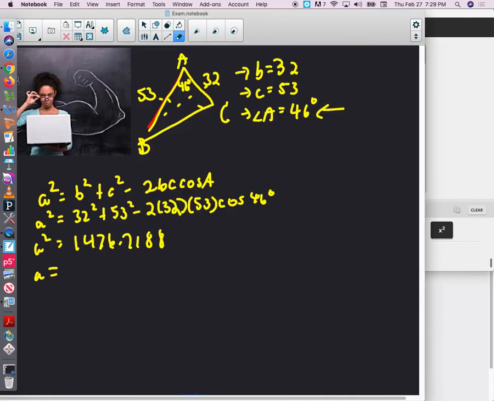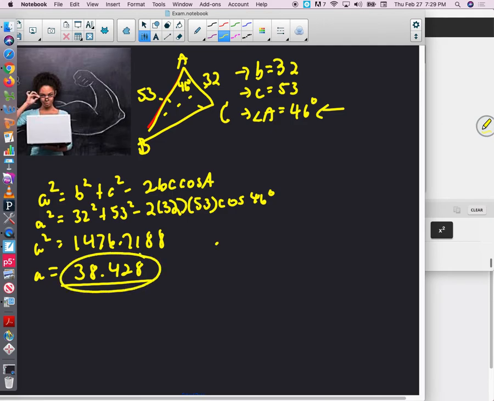So little a is 38.428, and that's a side. Okay, now I have little a, so I can go to law of sines. 38.428 over sine A equals I'm going to either find B over sine B or C over sine C. I would find this one first because I know that B is the smallest side, and law of sines works really well for acute angles.